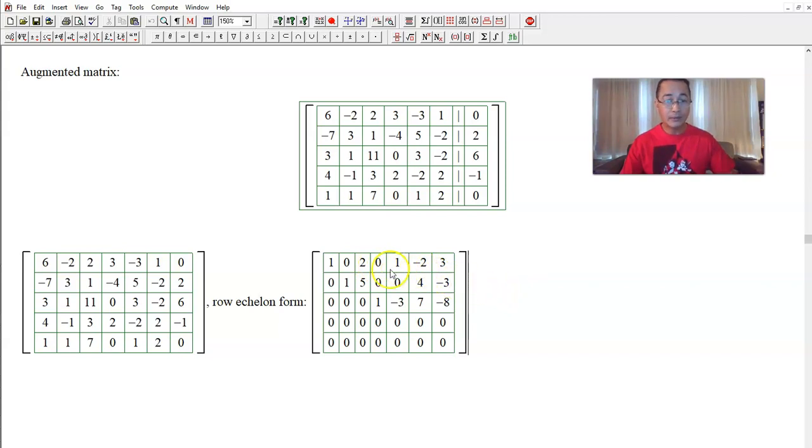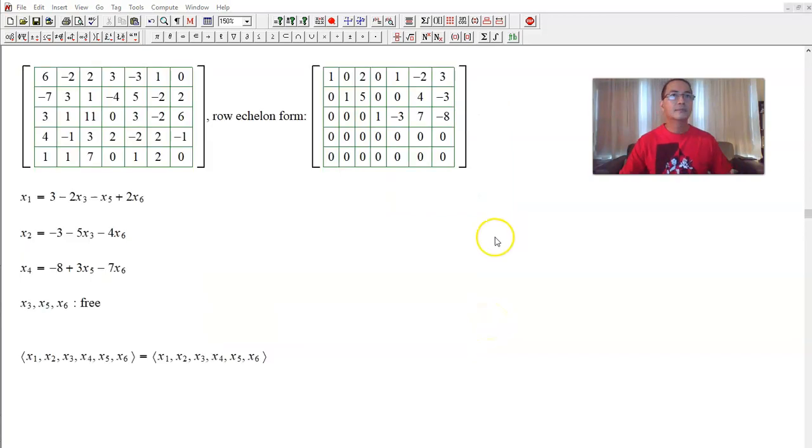So we're going to write down x1, x2, and x4 for our solution vector. So my apologies, I think I said x3 instead of x4 just now. So anyway, we said x1 is 3 minus 2x3 minus x5 plus 2x6. So there we have it over here.